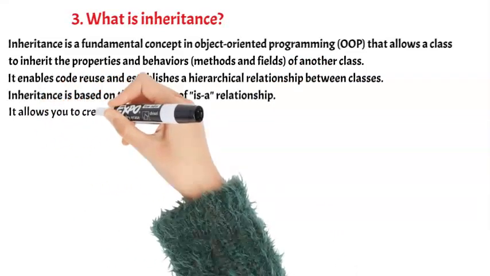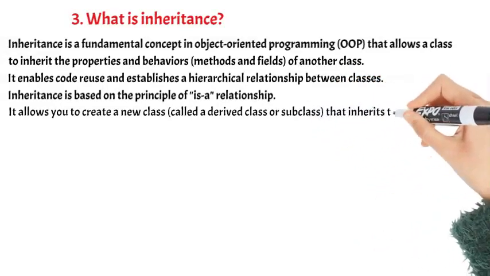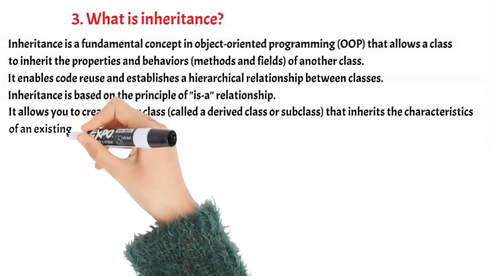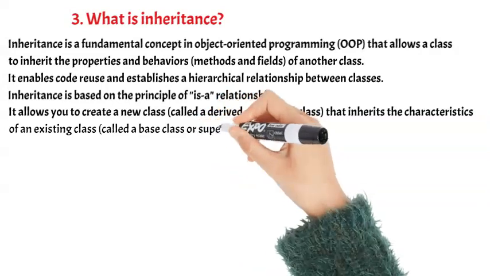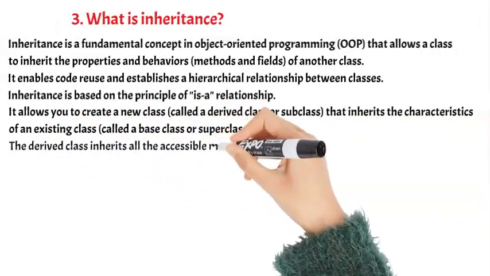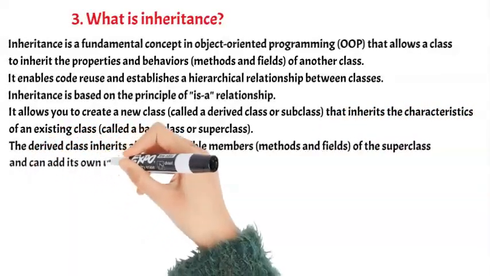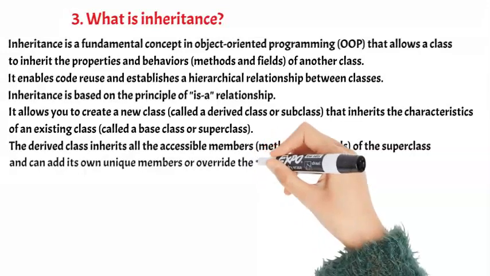It allows you to create a new class, called a derived class or subclass, that inherits the characteristics of an existing class, called a base class or superclass. The derived class inherits all the accessible members, methods, and fields of the superclass and can add its own unique members or override the inherited members.